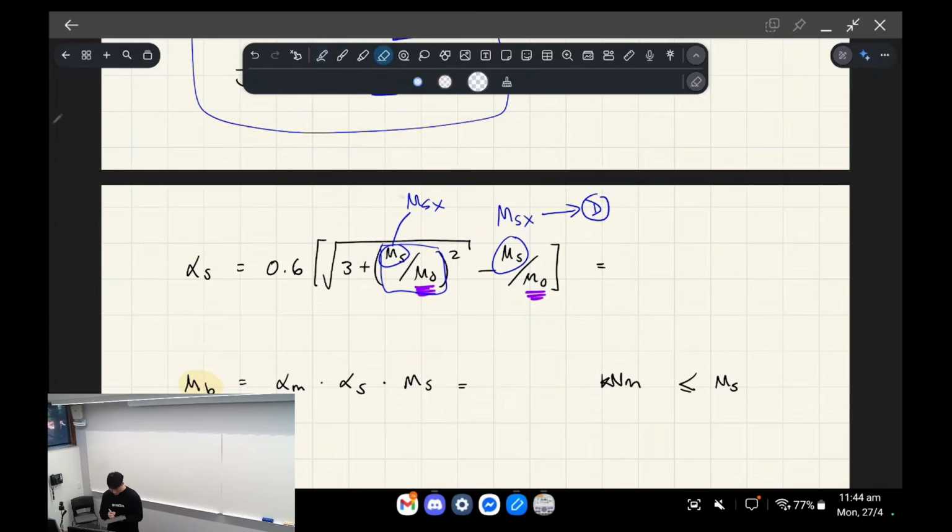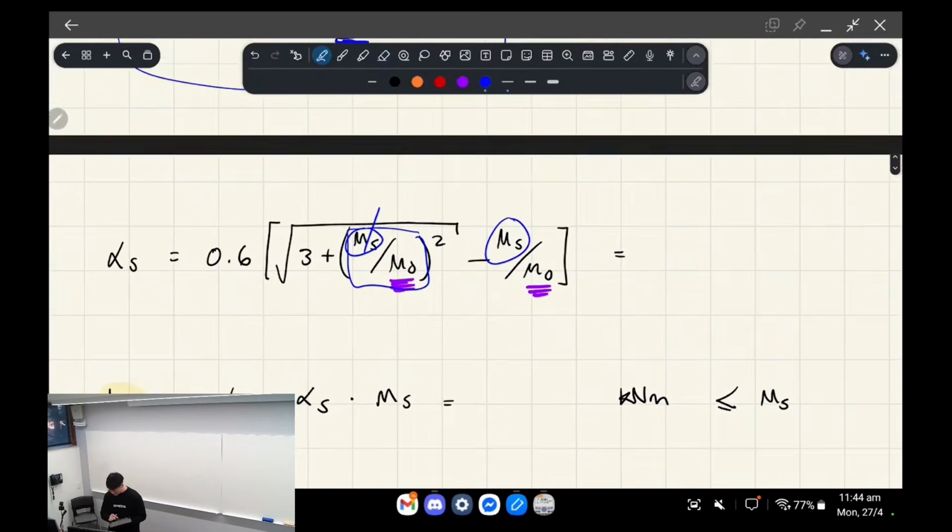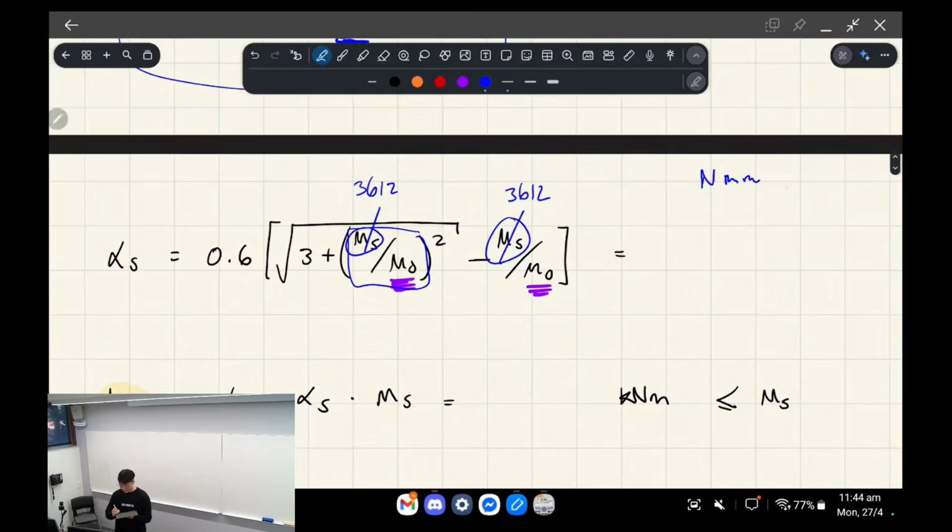Okay, so the actual numbers that we're plugging in. Ms from earlier was 3,612. Normally you have to think really hard about whether you've got something in newton millimeters or kilonewton meters, but because this is a ratio of Ms to Mo, as long as they're in the same units, you're fine.